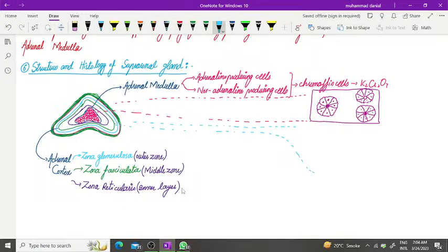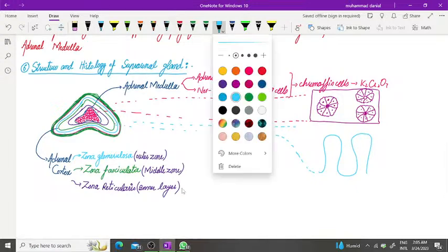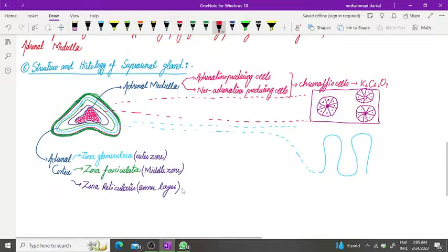So this looks like in this shape. That now I am going just to draw. This layer looks like in this shape, and blood vessels are present here.